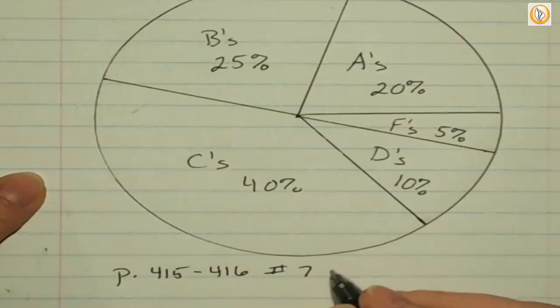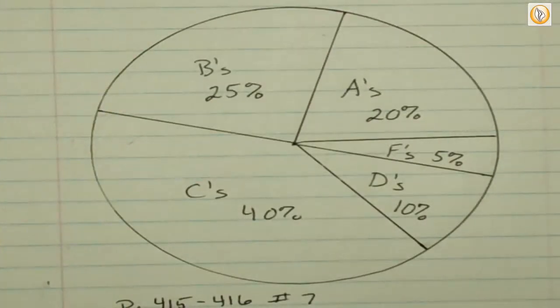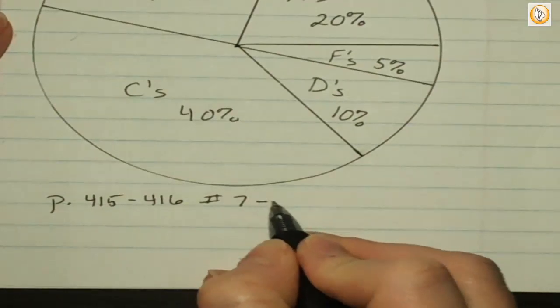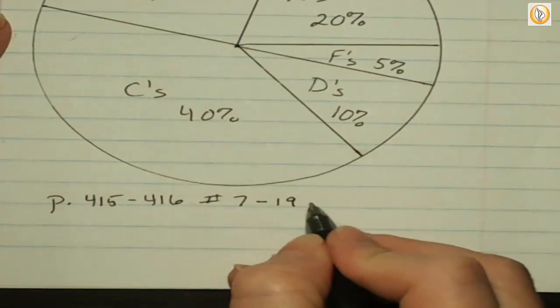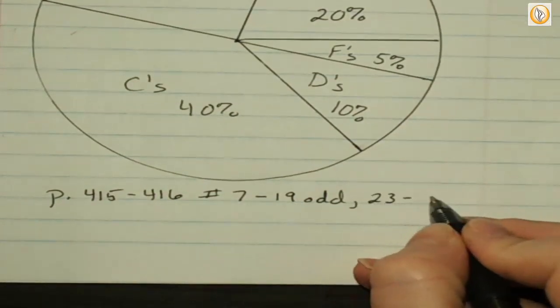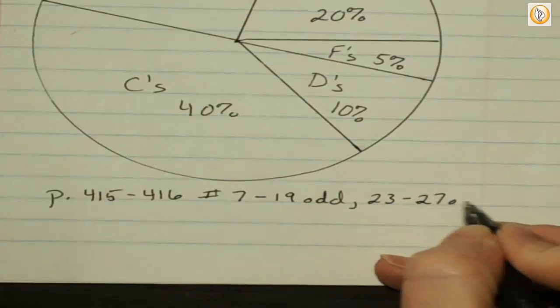So you're going to do 7. Let's see. 1, 2. 19 odd. 23 to 27 odd.